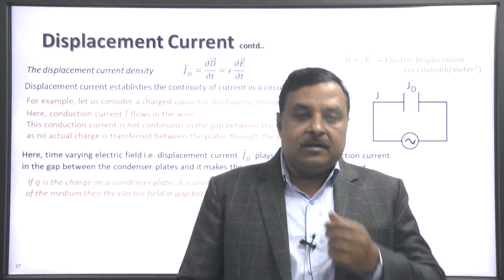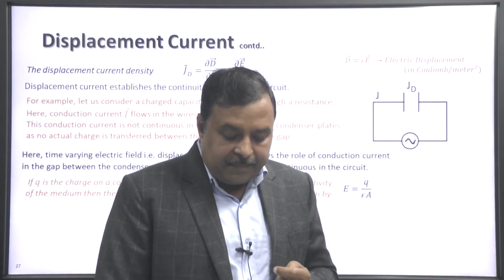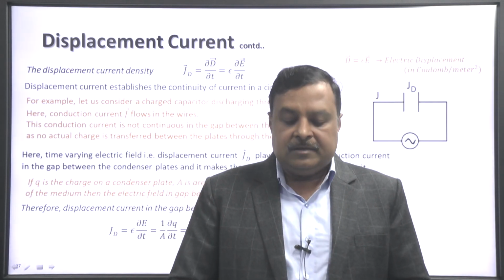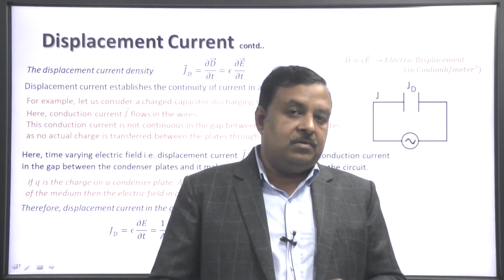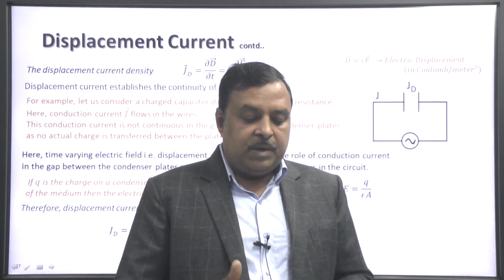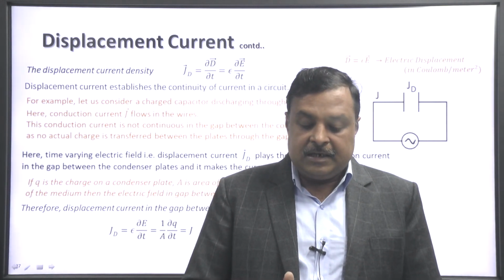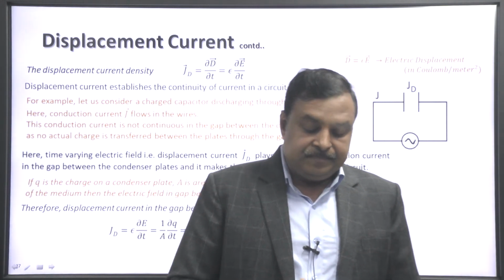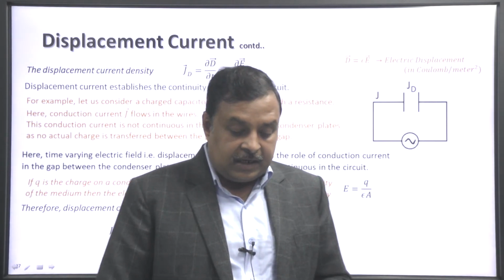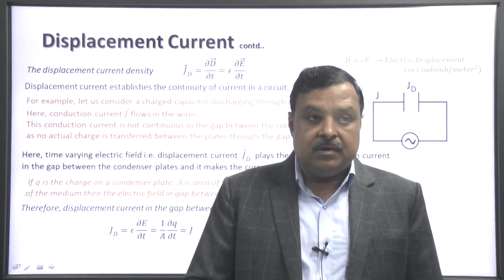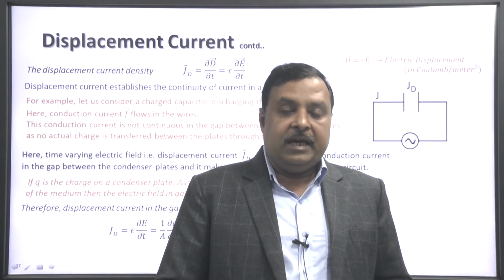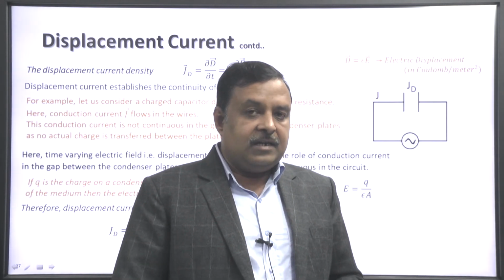So, what is the displacement current in the gap? Displacement current JD is epsilon delta E by delta T. We can substitute the value of electric field E, which is Q by epsilon A. So, when we substitute this value, we have 1 by A delta Q by delta T. This delta Q by delta T is current.